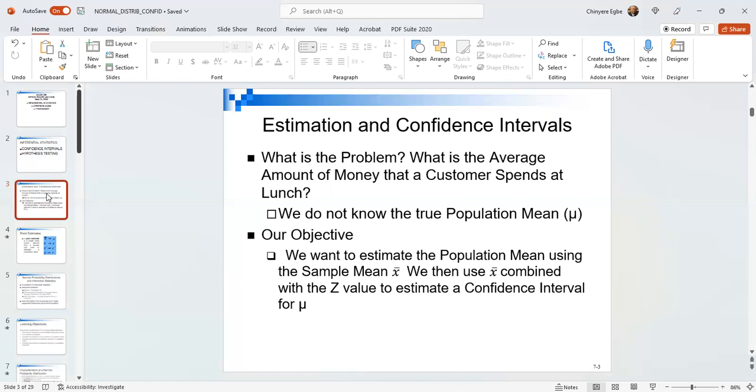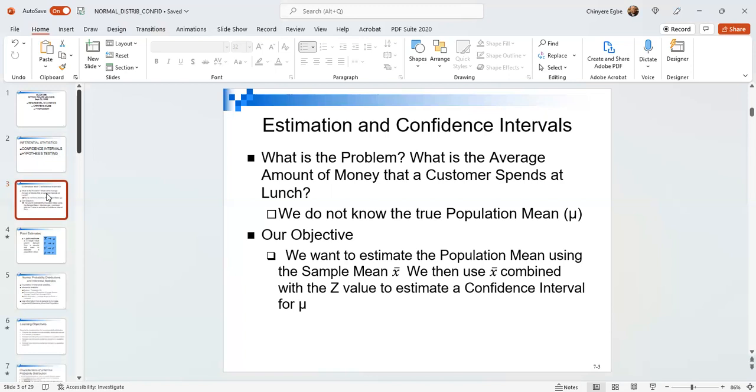So the problem is that we don't have an idea of the population average. We don't know what the population average is, like the average amount of money that the customer spends at lunch in your restaurant, or the average time that it takes for a student to get to school from wherever they start.